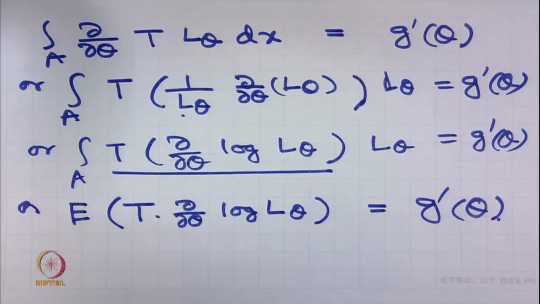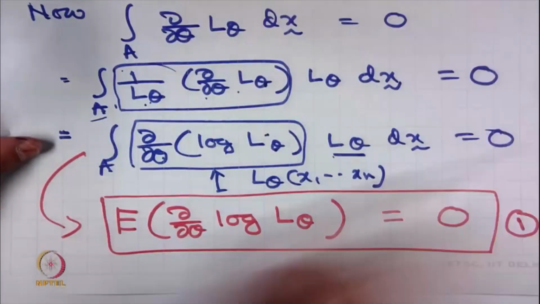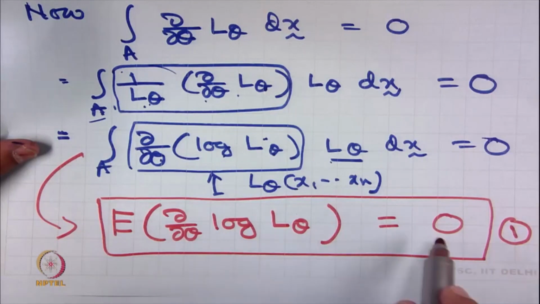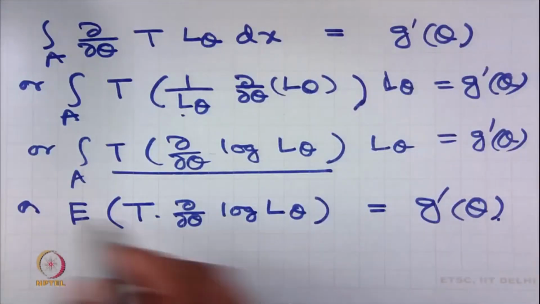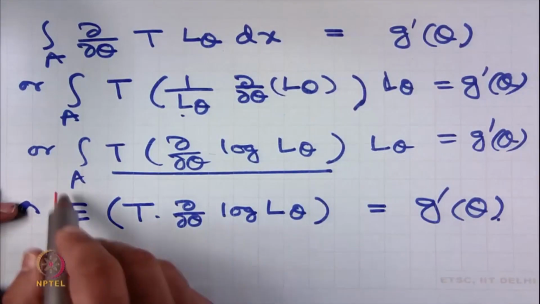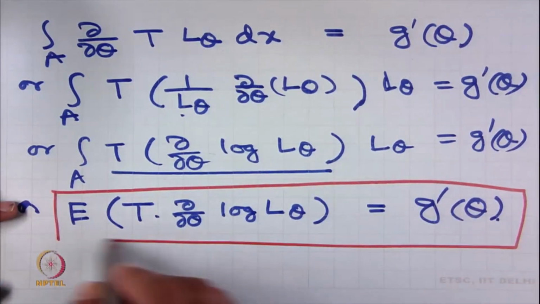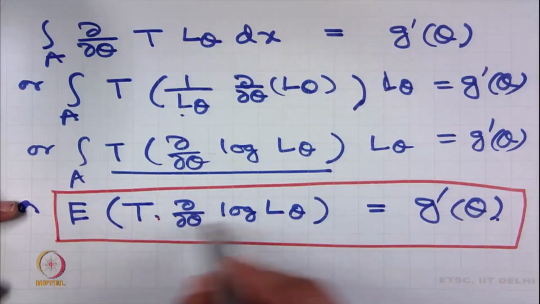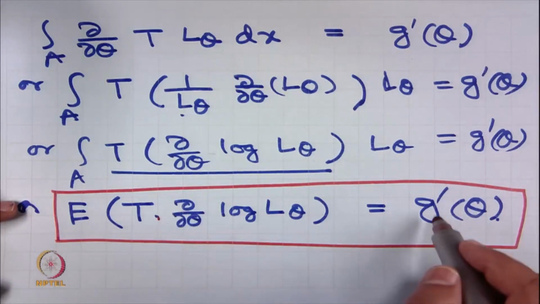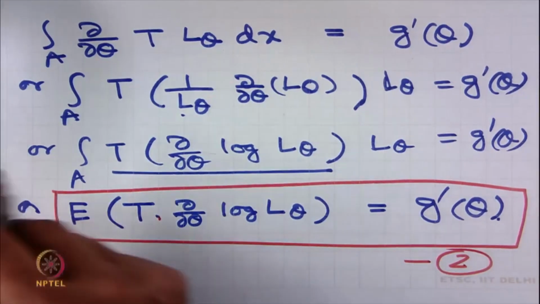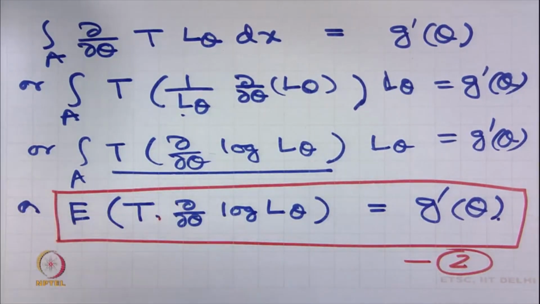So, if you look at in one we have got expected value of del theta log L is equal to 0, and here we have got expected value of t into del theta log L is equal to g prime theta. Let me call it equation 2.